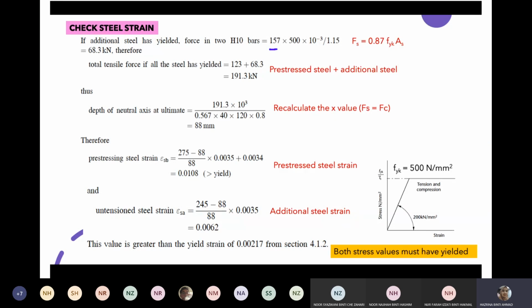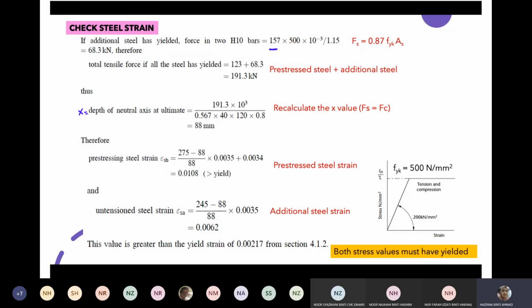This is the Fc equation, and we determine the value of x. This is the new value of x, considering the pre-stressed steel and also the additional steel. So we have here 88 millimeters.